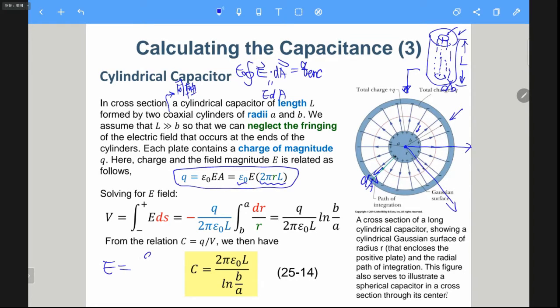So we have Q over 2 pi epsilon naught L R, something like that. And then we put it here. So Q over 2 pi epsilon naught L is here, like this.